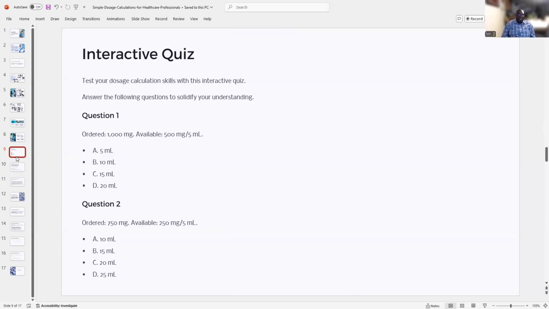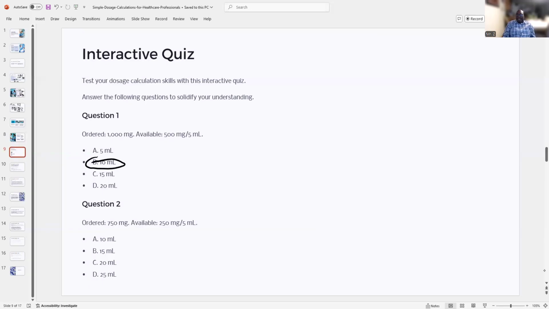What will be the quantity you would give? A, B, C, D. What will be the answer? All right, time is up. Good job. So you will give 10 milliliter.